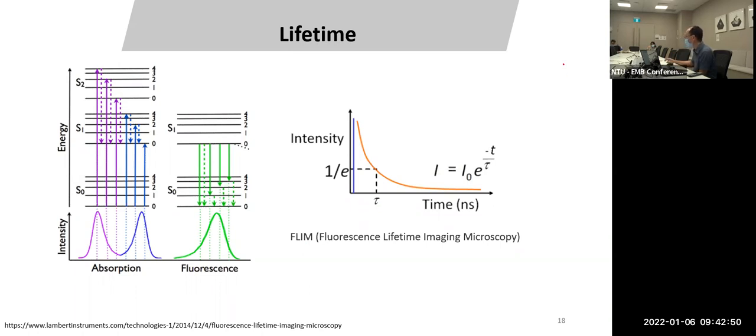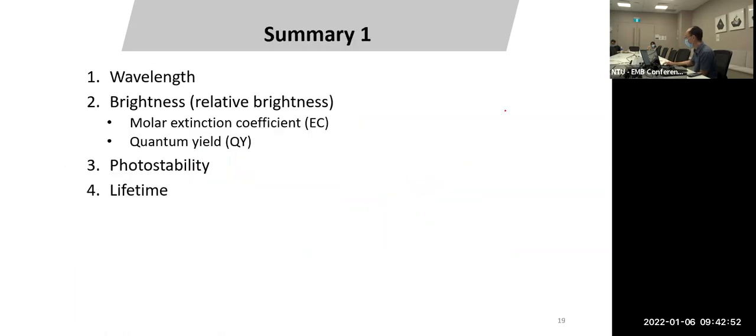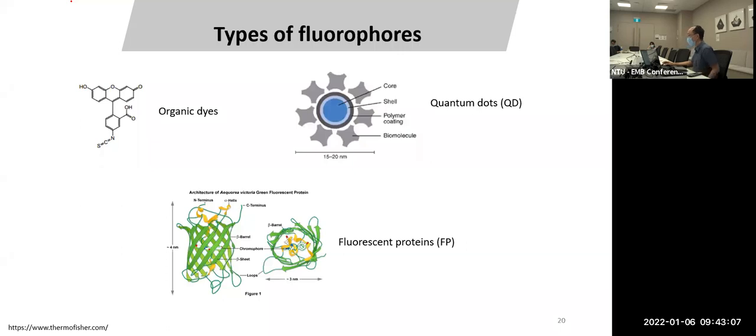So this is something to take note of. Just to summarize the first part, which is the properties, I covered the wavelength, the brightness, the photostability, as well as the lifetime. And for the last few slides, I'll go through the organic dyes.